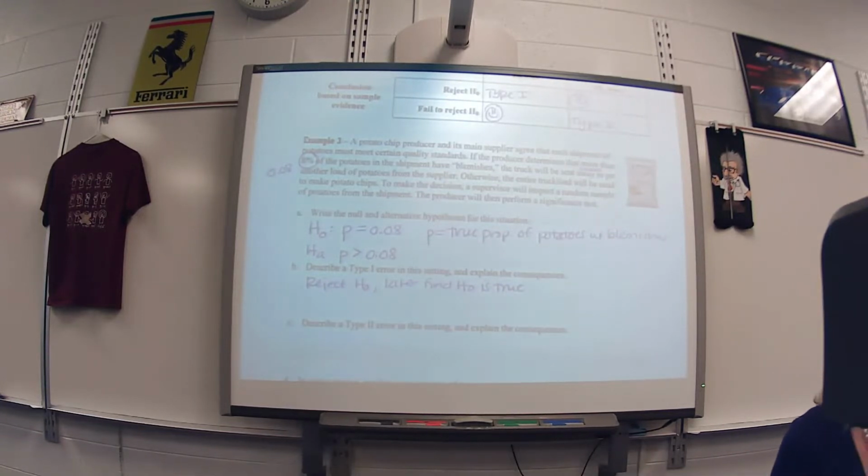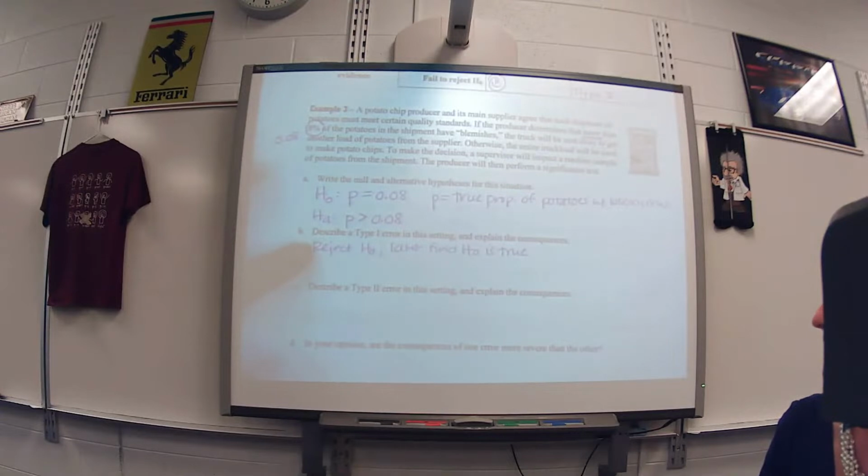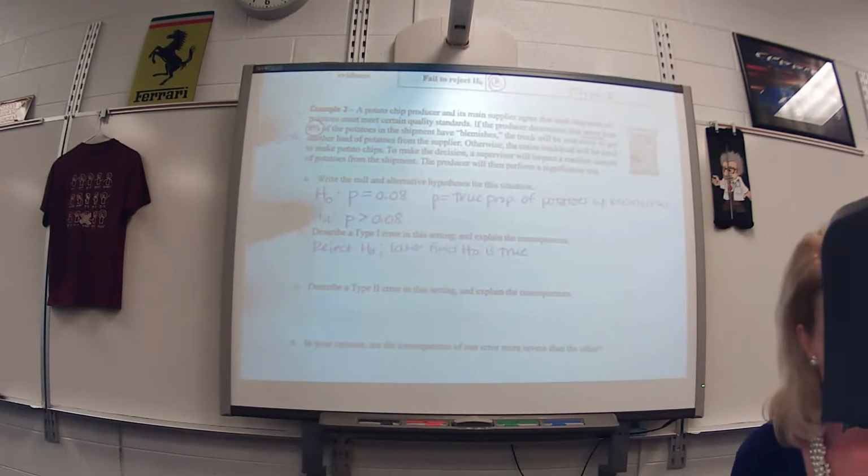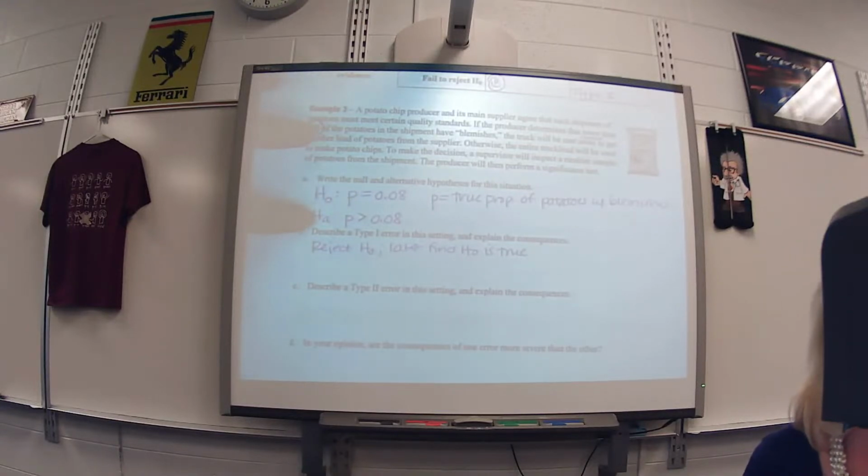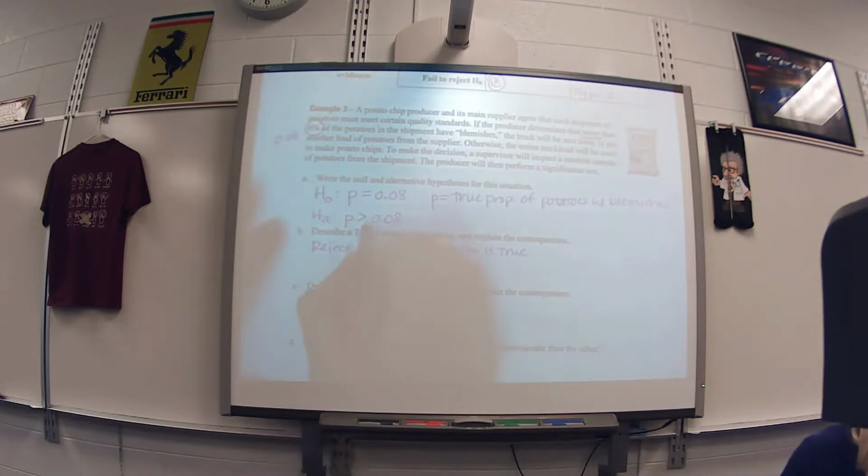Okay, now that's the general definition of type 1 error. You are not allowed to do that on my test or on May 5th. In context, if you're rejecting the null hypothesis, you are rejecting it in favor of supporting this.